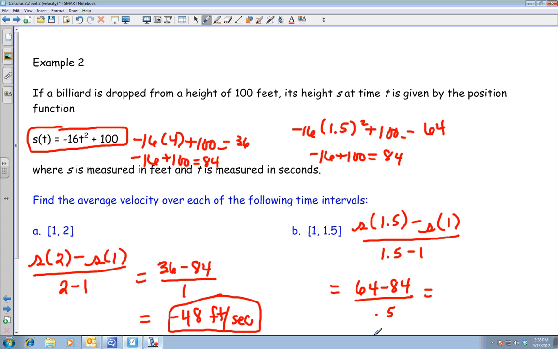When you put this in your calculator, you should get negative 40. Again, I need units, feet per second. And again, it makes sense that I have a negative answer because I dropped something down, so it's going down. My velocity would be negative.